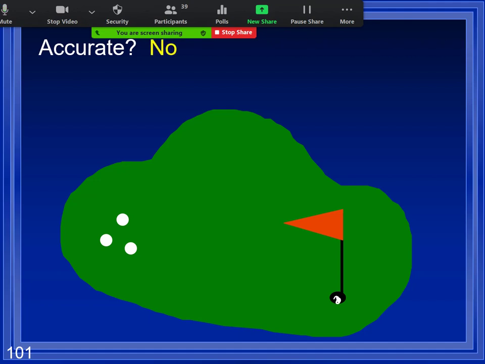I don't think so. Are they precise? Well, they're all pretty close together. So that would be precise. So I got it wrong every time, but I got it wrong in exactly the same place.